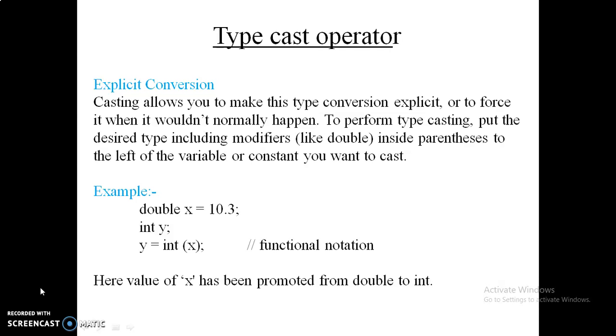So here in the example, double x equal to 10.3 and integer y. We write y is equal to int, that is the data type into which we want to convert, as y is an integer but x is a double. So we are trying to convert x into an integer first, and then assign it.